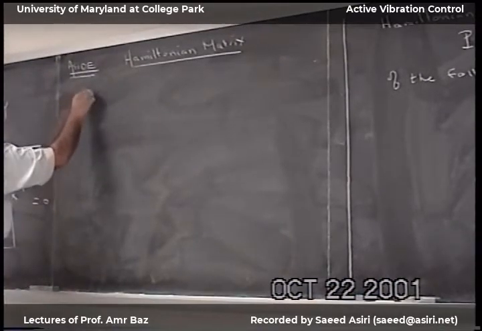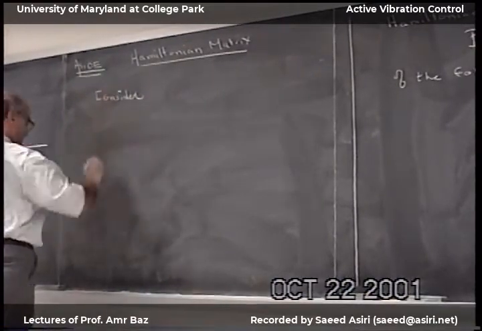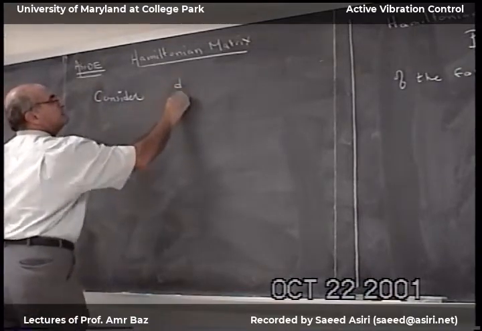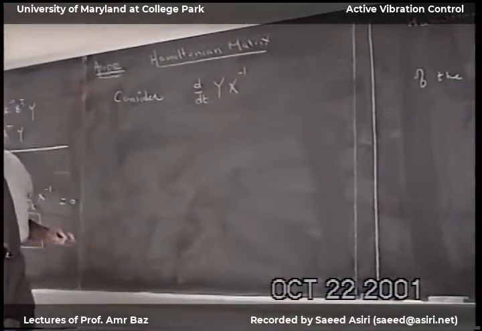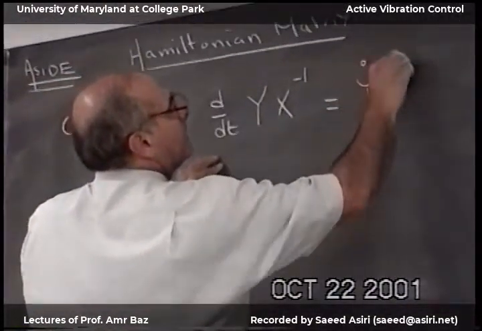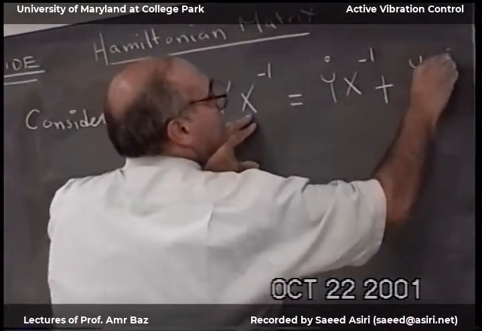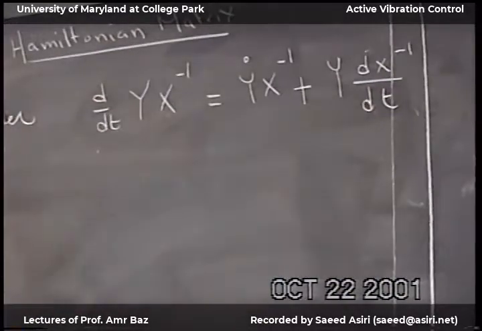Consider the following: d by dt of y x inverse. So this will equal y dot x inverse plus y dx inverse by dt.